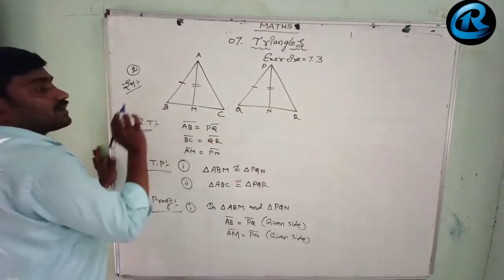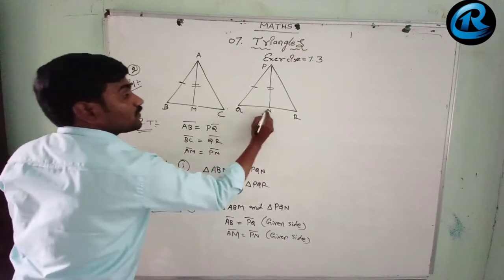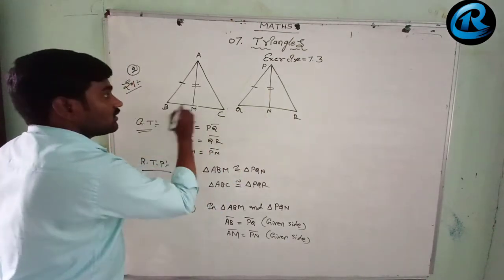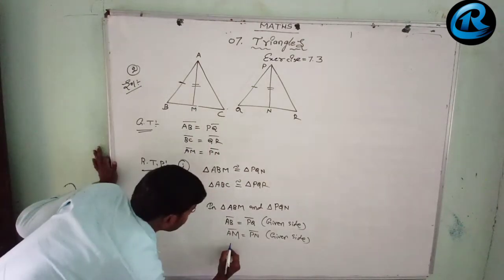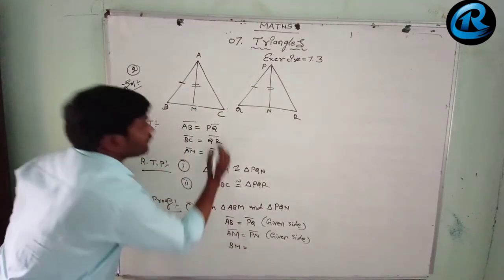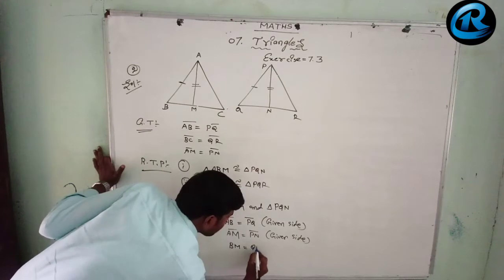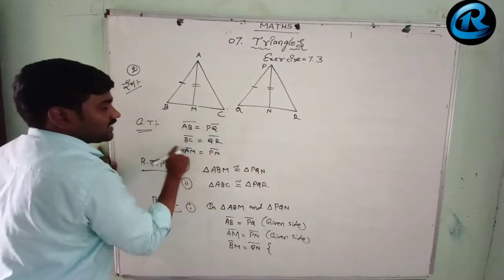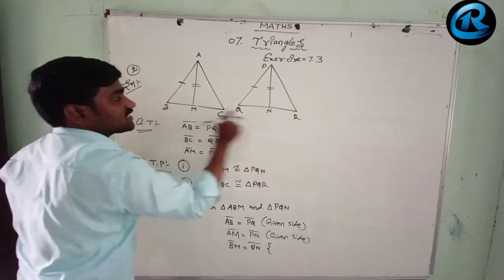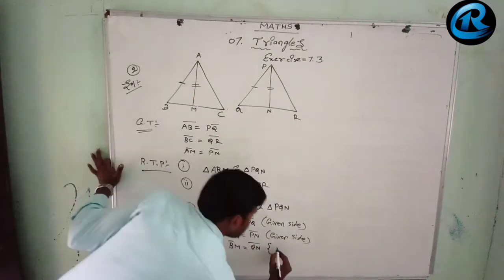Then see that now BM equal to QN. Sorry, these two are not obviously equal, no? How can you write it? So let me write first, I will explain to you. BM equal to QN. How? We know that here BC equal to QR. This complete side BC is equal to QR side.